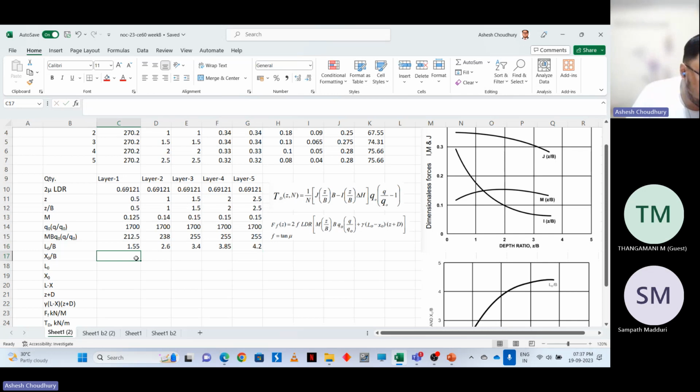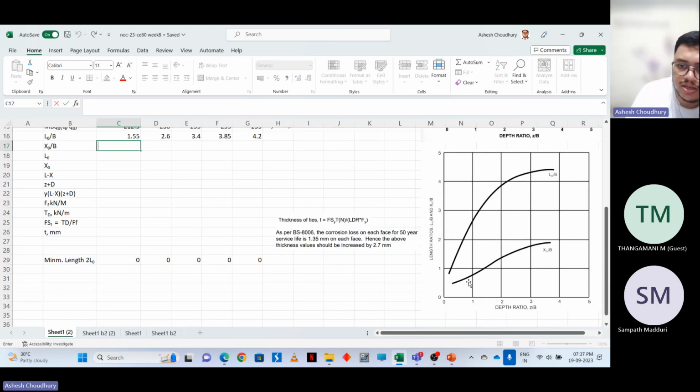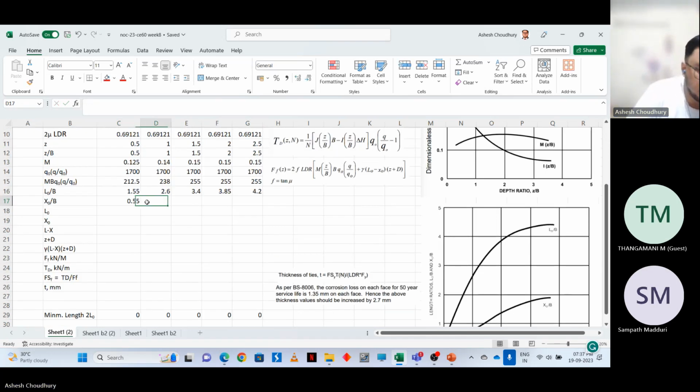And X naught by B from here for 0.5 is approximately 0.55, like that. 0.55, 0.8, 1.1, 1.4, 1.65. So you got this.